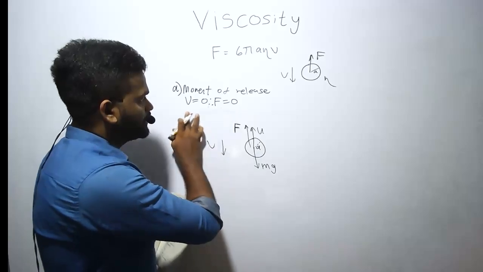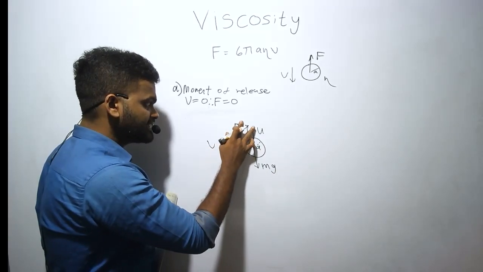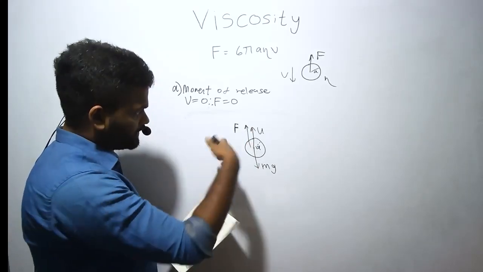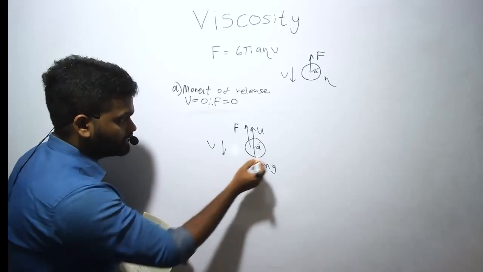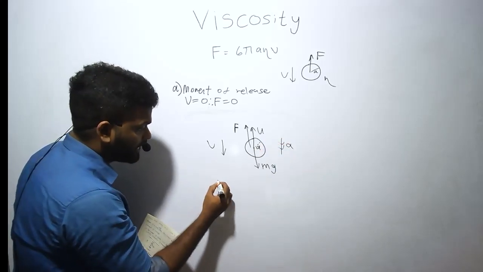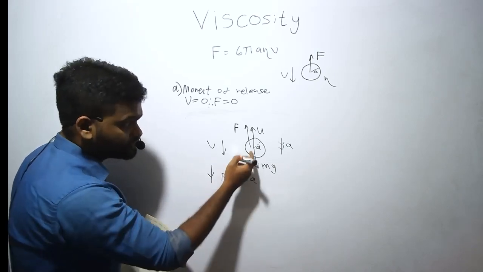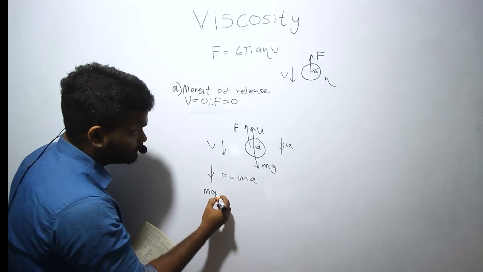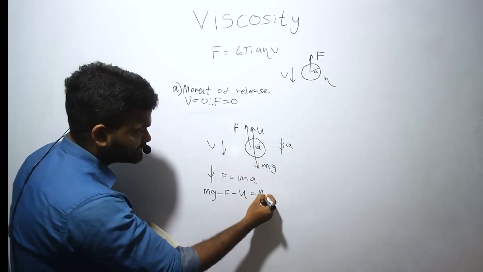So according to this, at the initial moment, this F is 0. I'll just write it with the F. Now I'm going to apply F equals ma, so let's say this accelerates downwards. I'm going to apply F equals ma downwards to this ball. So what are the terms? mg downwards minus F minus u equals ma.